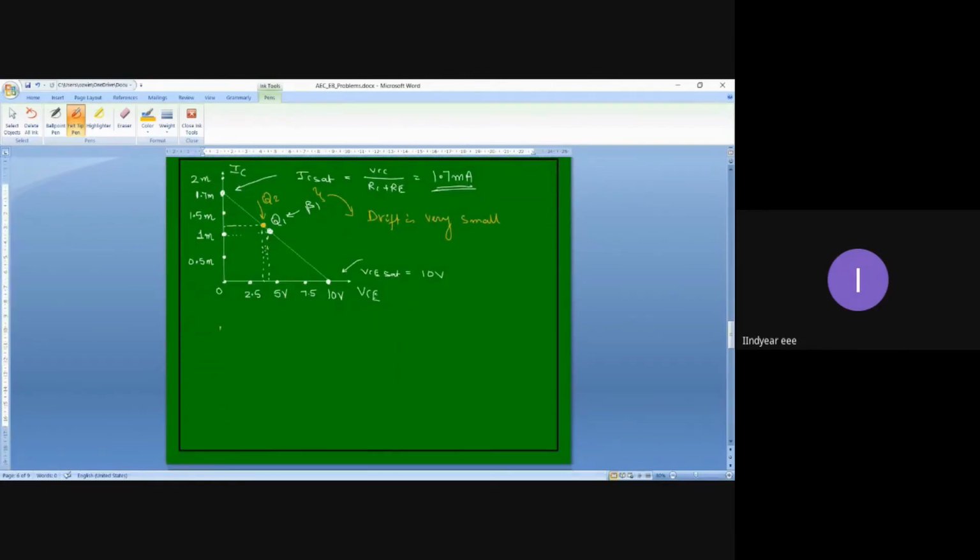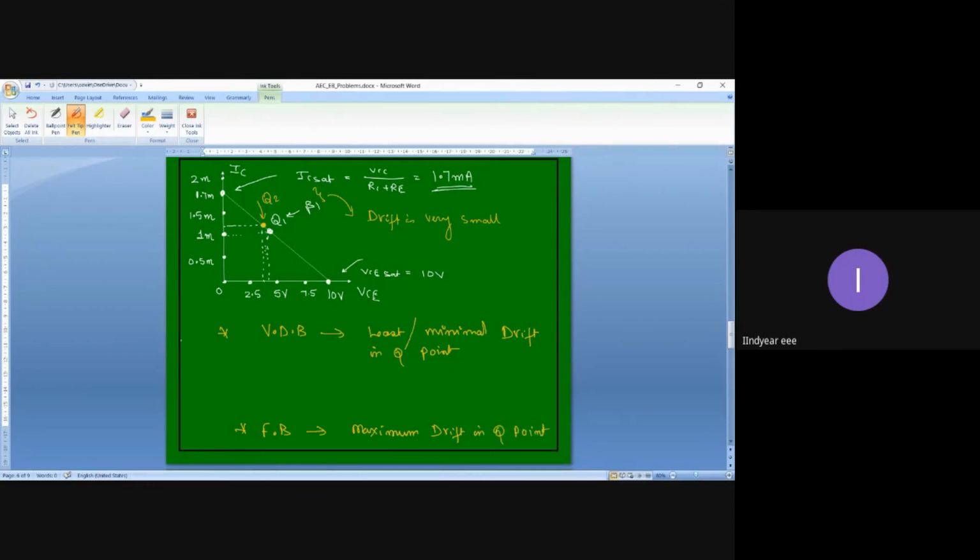So what we have done is solved 4 problems for 4 biasing networks. By comparing the Q point drift against beta variation, you can say that voltage divider bias will have minimal drift in Q point. On the other hand, fixed bias has maximum drift in Q point.